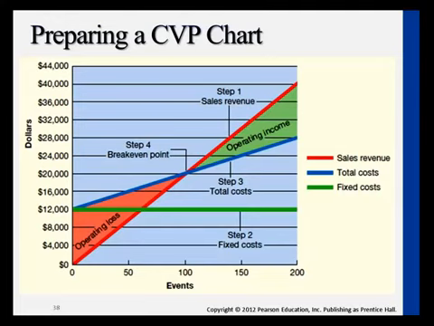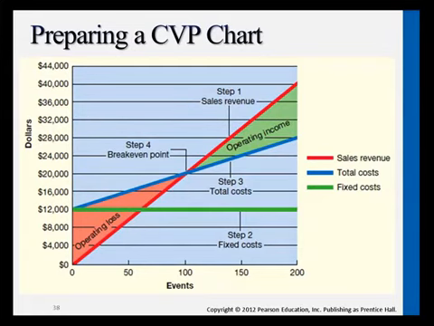We said that we want 200 events at 200 per event, and so forth. Therefore, our sales are 40,000, right? We calculated all of this. This is only a representation for you of what we've been calculating for the second class. All right, so I hope this was clear.